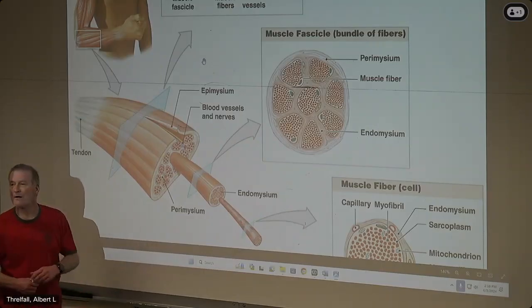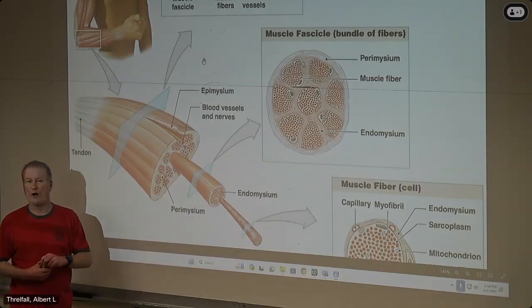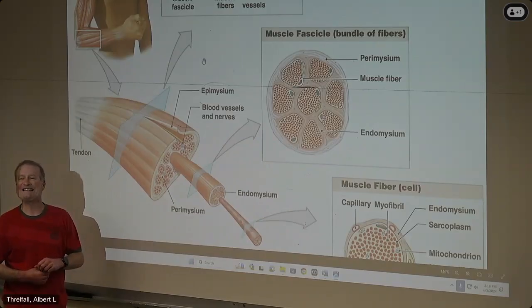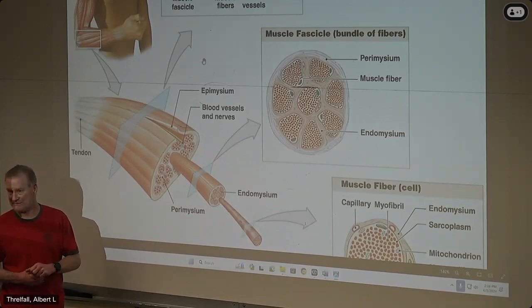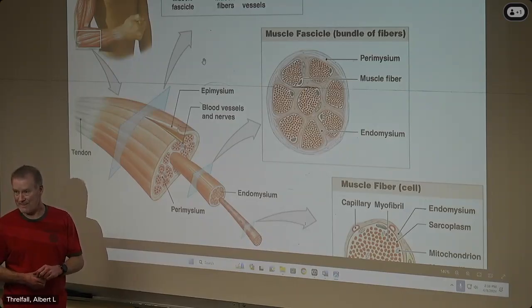So what are the outer boundaries of a muscle? Epimysium and the fascia. Which is deep, which is superficial? Epimysium's deep, fascia is superficial.